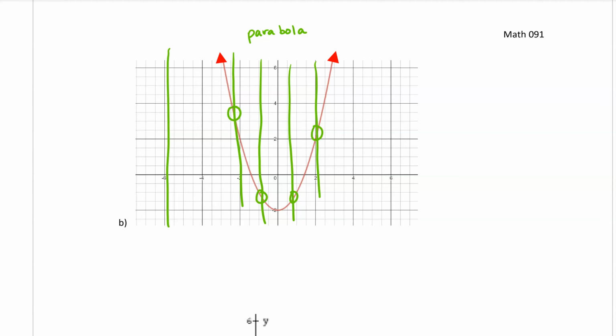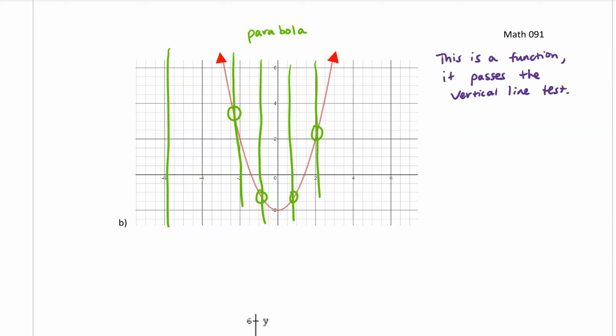You can't necessarily see it, but these red arrows indicate that the graph is going on forever, so it's going to cross the graph somewhere and only at one location. So off to the side, I would say this is a function. It passes the vertical line test.